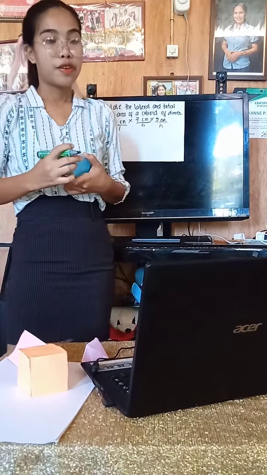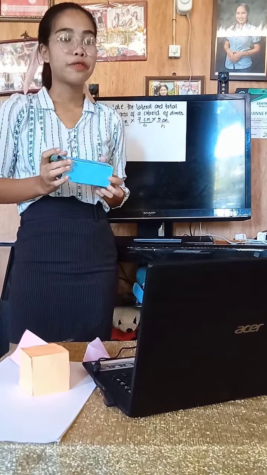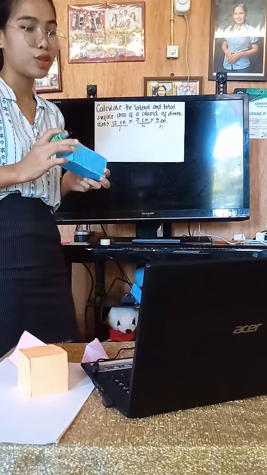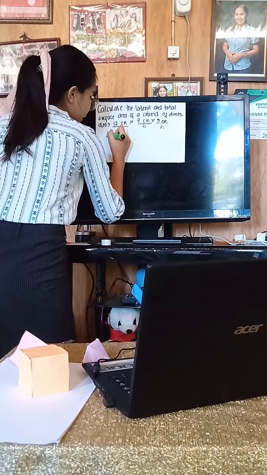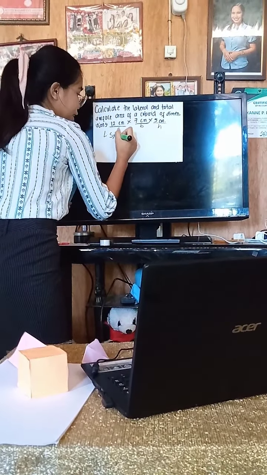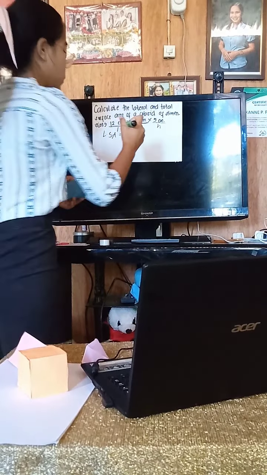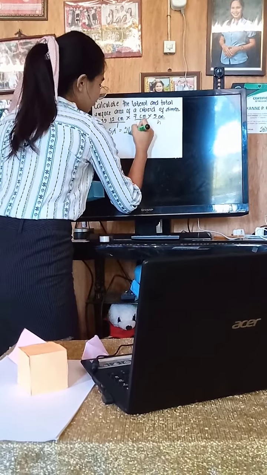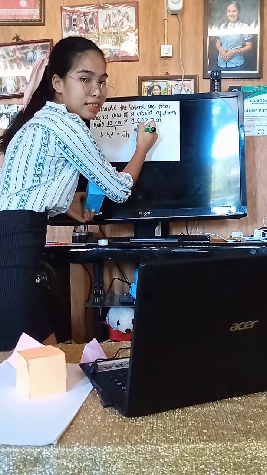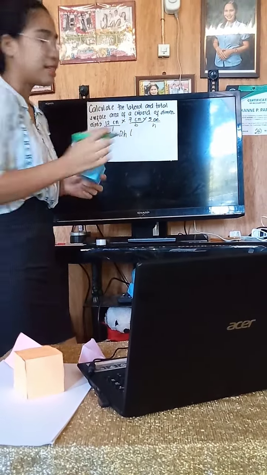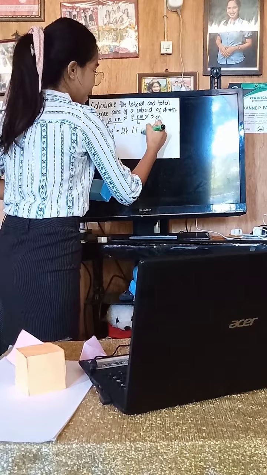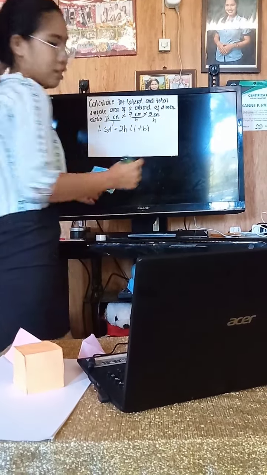So to find the lateral surface area, the formula we are going to use is lateral surface area equals 2 times height times length plus the base.